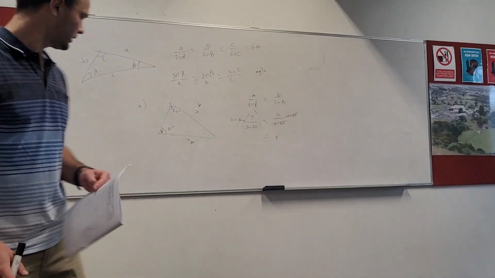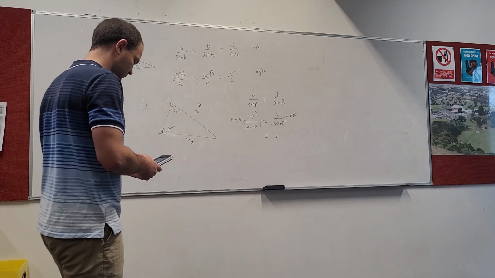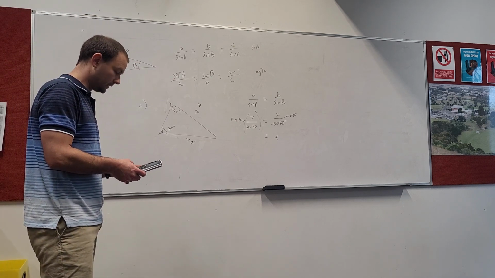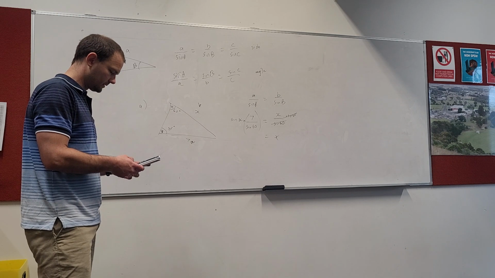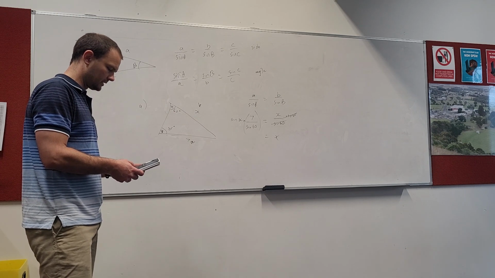So we'll do that quickly. You need to make sure our angle is given to us in degrees, so that means we need to have our calculator set in degrees. So we've got sine of 80 multiplied by 7 on top of sine 60.